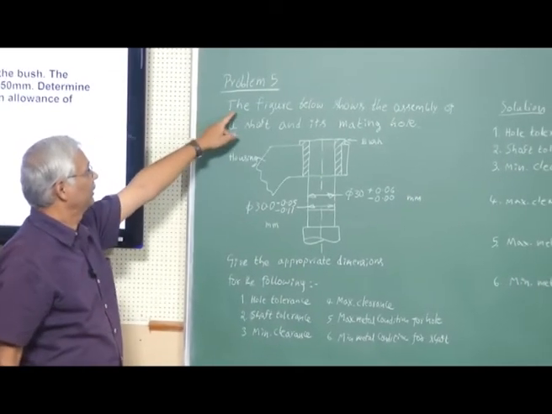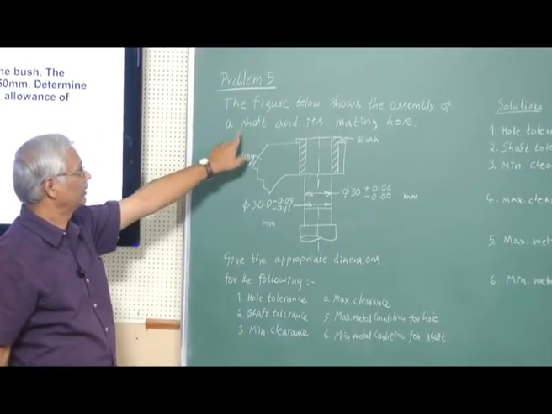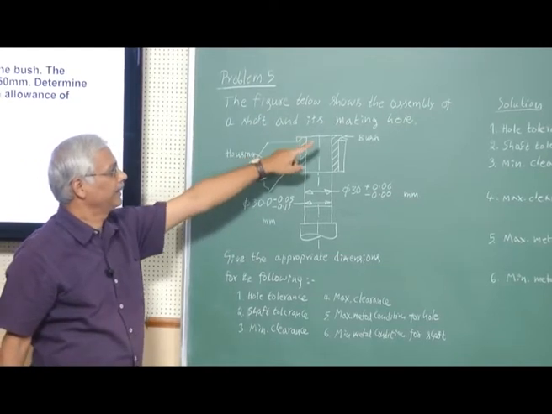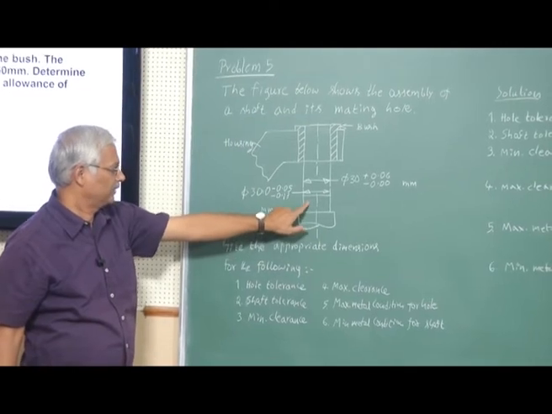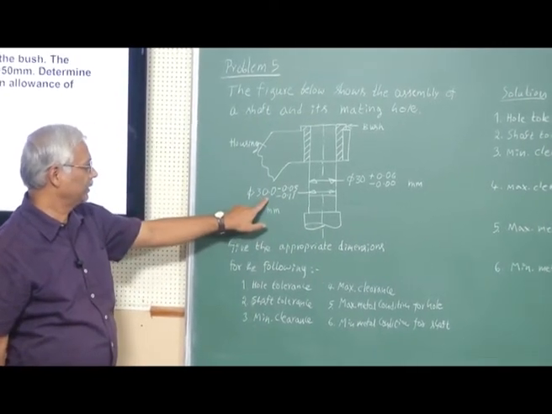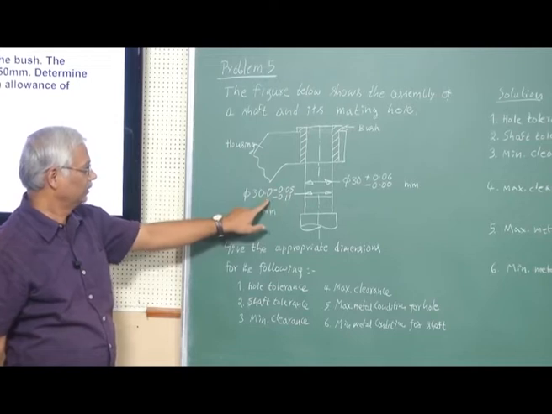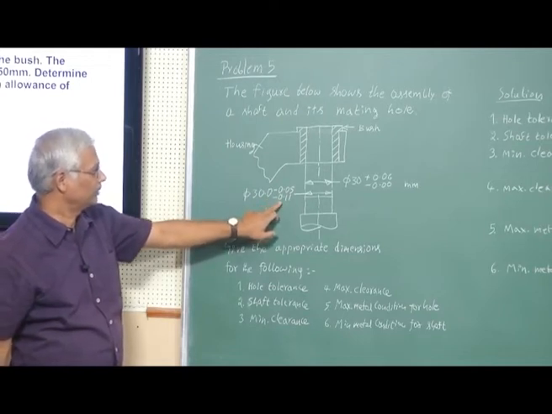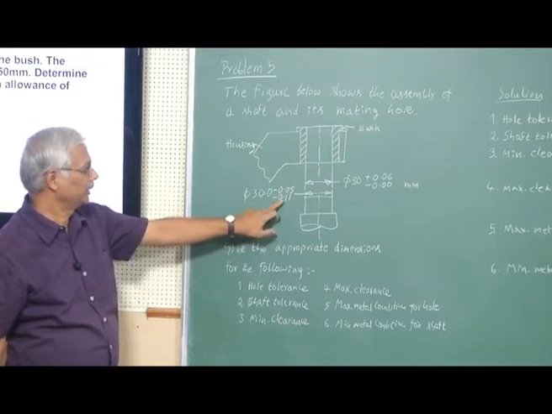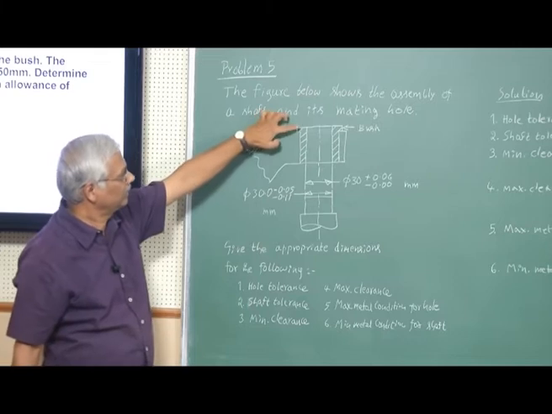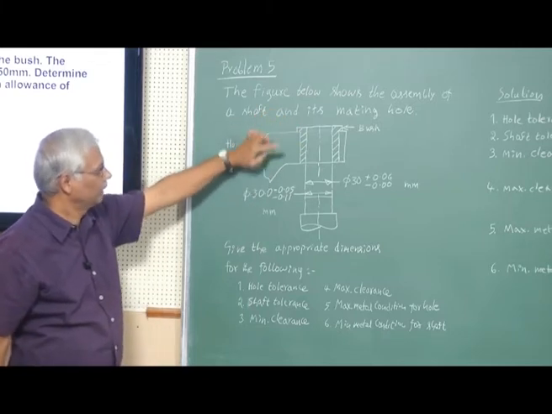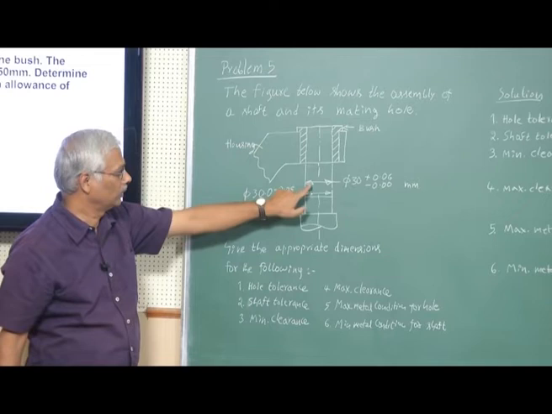The problem is, the figure below shows the assembly of a shaft and its mating hole. This is the shaft which is having a basic size of 30 millimeter and the limits are given. The minimum size of the shaft is 29.89 millimeter and the maximum size of the shaft is 29.95 millimeter, and this is the bush fitted in the housing, and the size of the hole are given here.